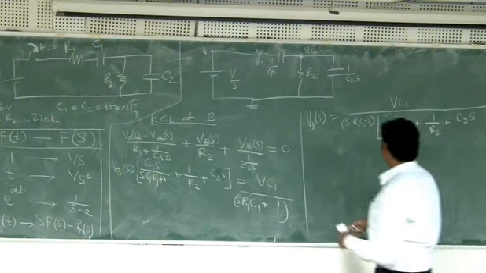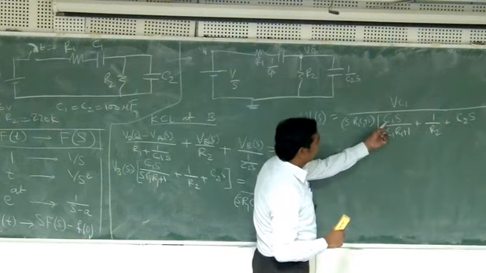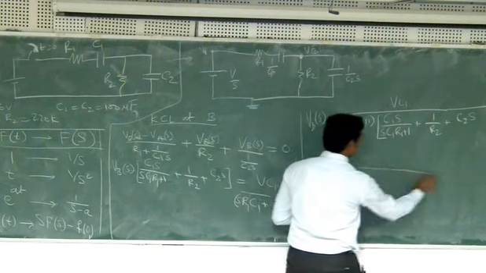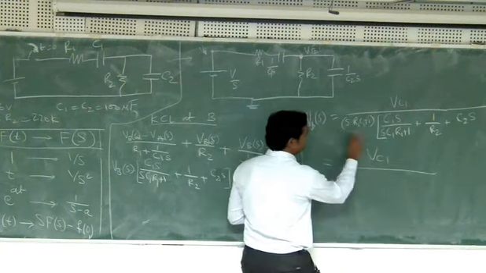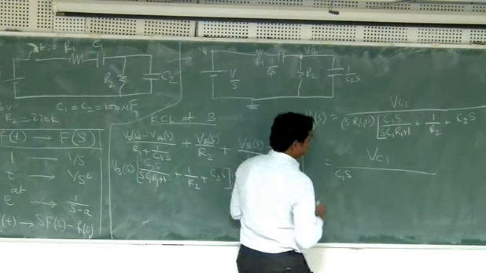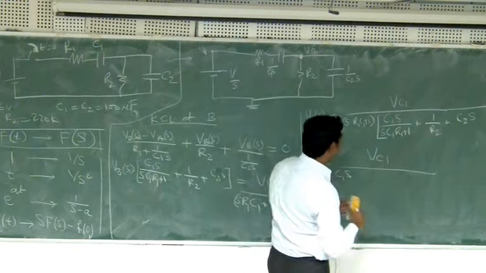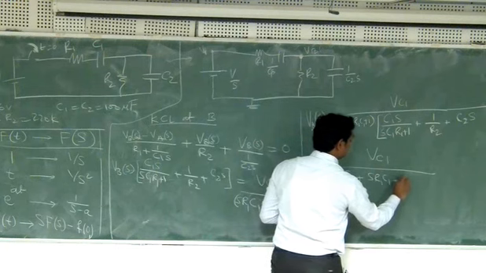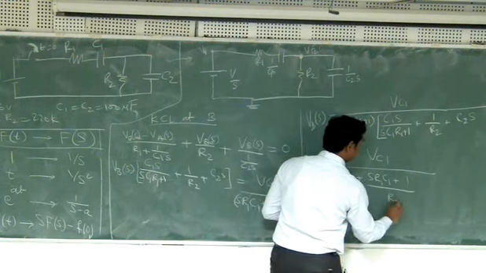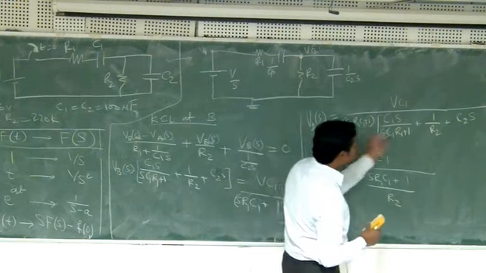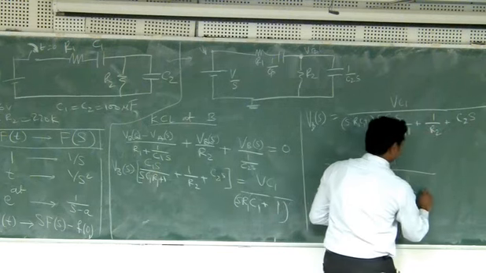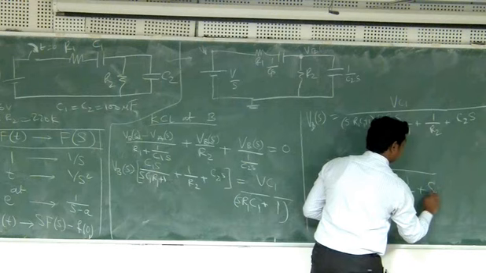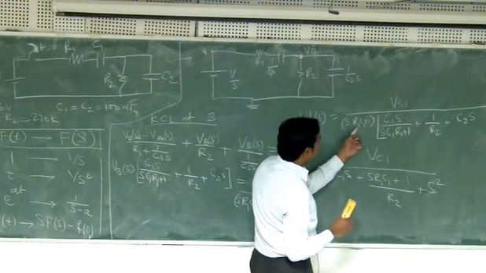Okay. So these two will multiply. I'll get only C1 by S. Okay. So I'll write it VC1, C1S. Then this multiplied by this, I'll get S R1 C1 plus 1 by R2. Okay. And then this multiplied by this, I'll get S square R1 C1 C2.